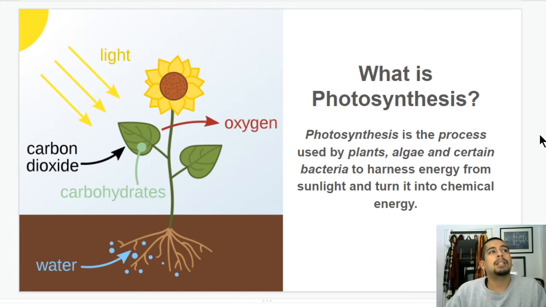Obviously, the sun gives it sunlight. And when you think of photosynthesis in particular, what type of light do you think the plant absorbs? A lot of people believe that plants absorb green light, and that's why you see them green.